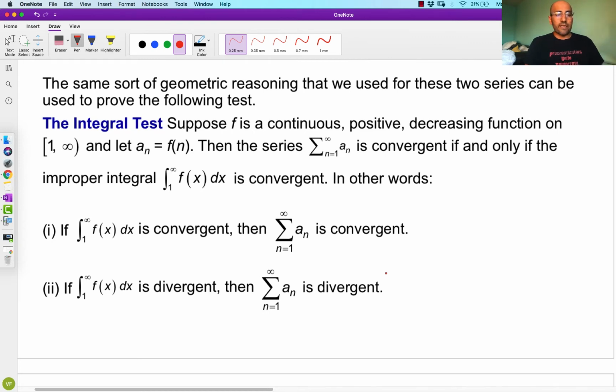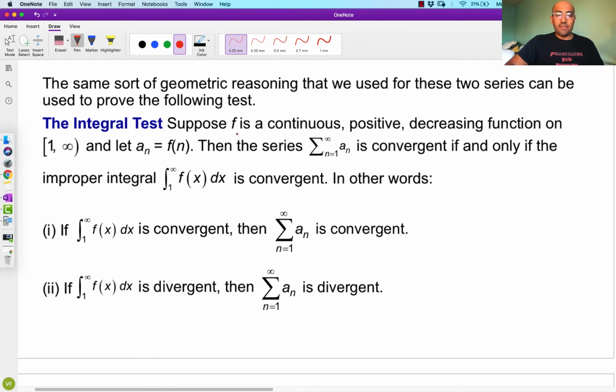In other words, if the integral from 1 to infinity of f of x dx is convergent, then so is the series. The series is convergent. If, on the other hand, the integral from 1 to infinity of f of x dx is divergent, then the series of a sub n is divergent.